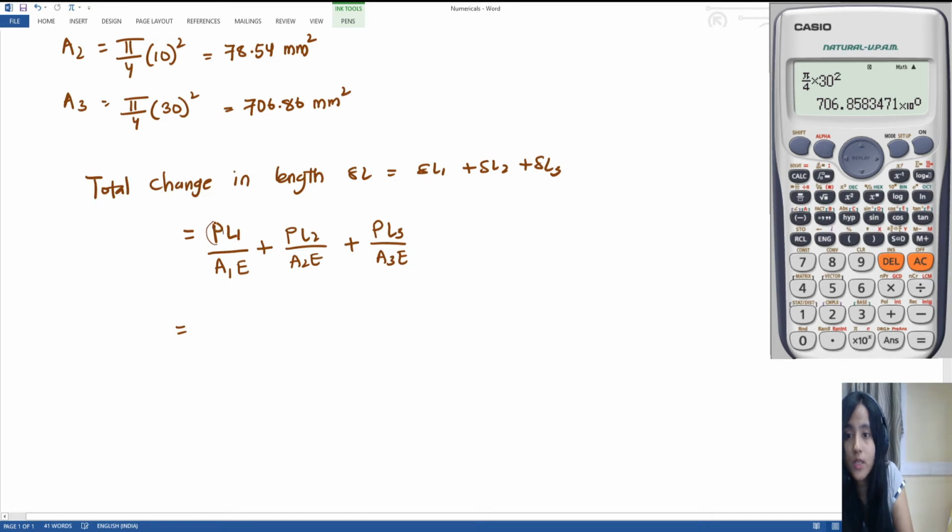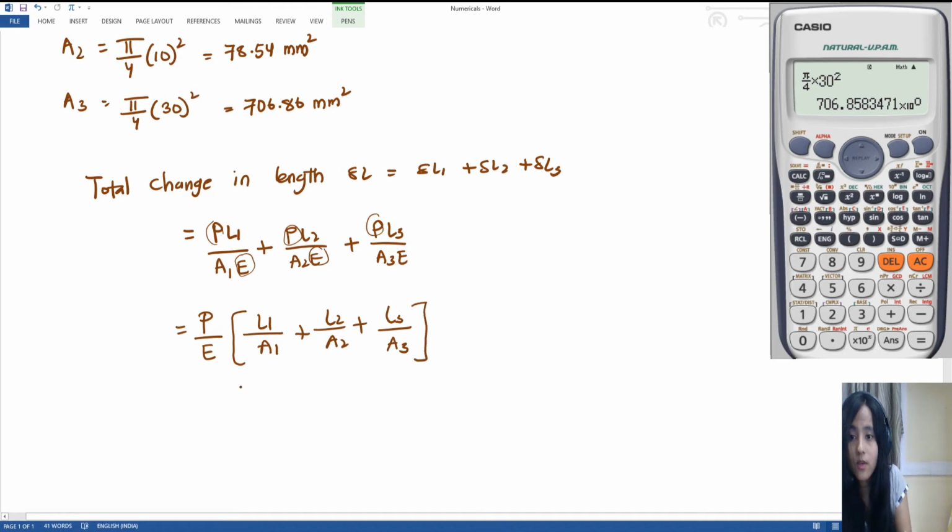Commons are P and E, so we'll take P and E outside, and the remaining inside will be L1 by A1 plus L2 by A2 plus L3 by A3.